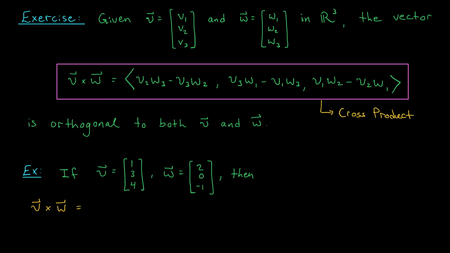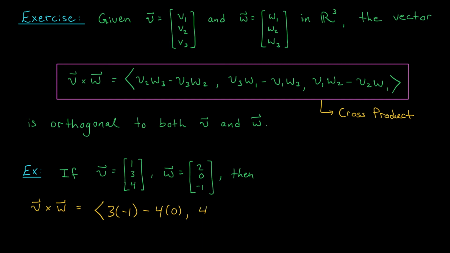Suppose I'm dealing with the vectors v = (1, 3, 4) and w = (2, 0, -1). According to our formula, the cross product of v and w is given by v2w3 minus v3w2. So that's 3 times -1 minus 4 times 0. That's the first entry of our vector. For the second entry, we have v3w1 minus v1w3.